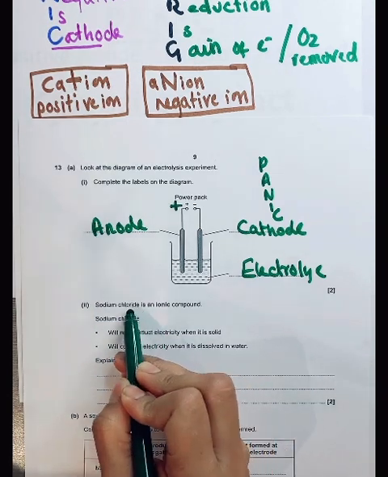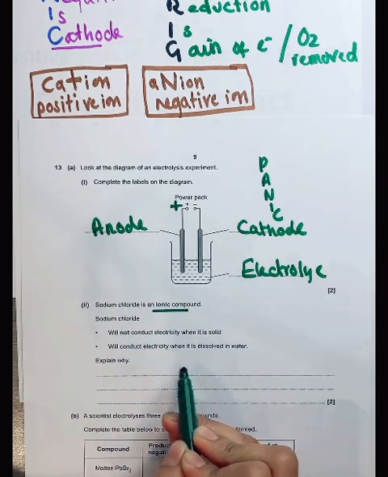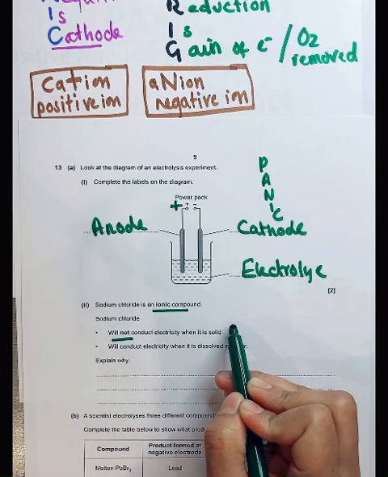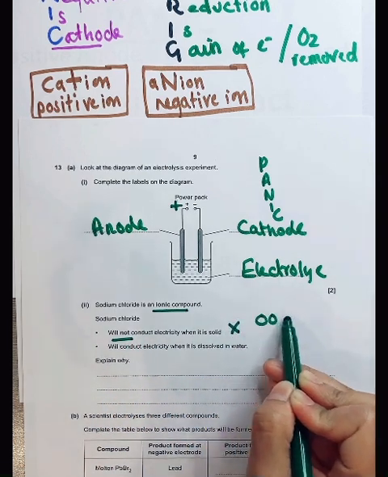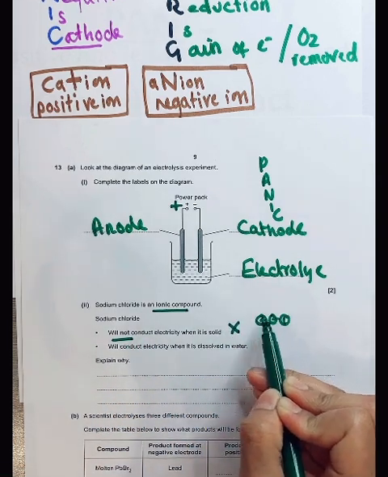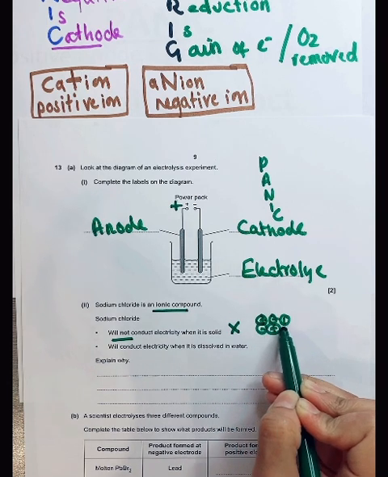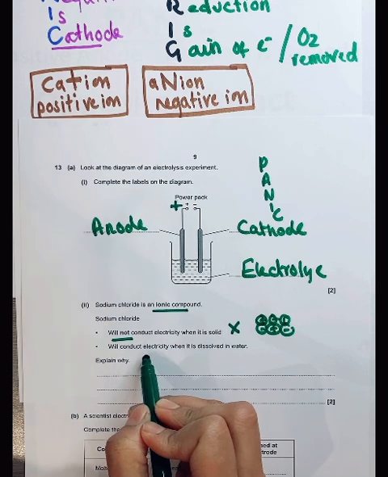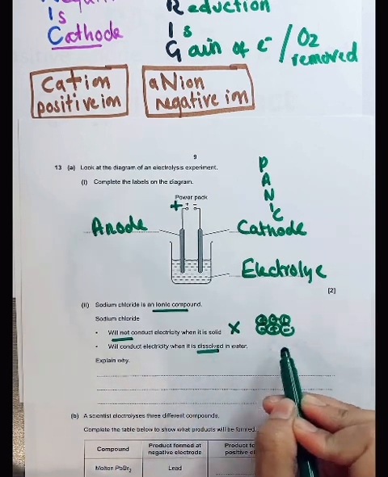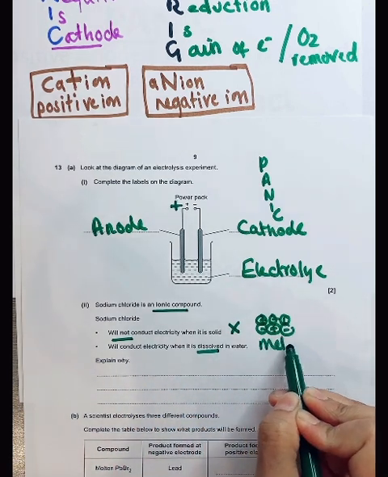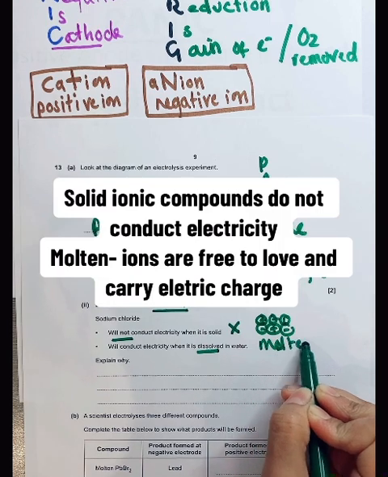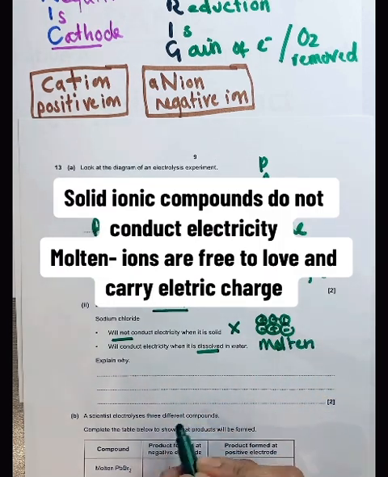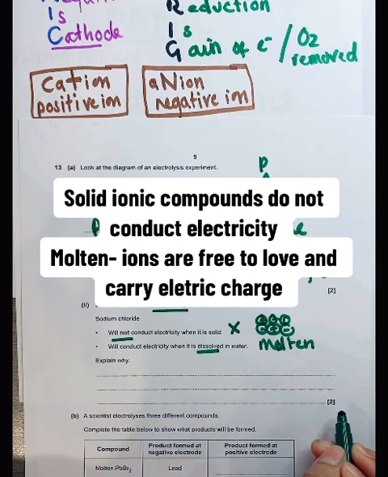Next, sodium chloride is an ionic compound. It will not conduct electricity when it is a solid. And we talked about this. Sorry, you can't see the charges. So if it's a solid, it cannot conduct electricity. However, when it's dissolved in water, or the other word is when it's molten, it can conduct electricity. Explain why. So there's 2 marks here. We need 2 points.